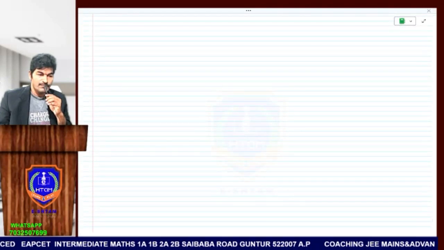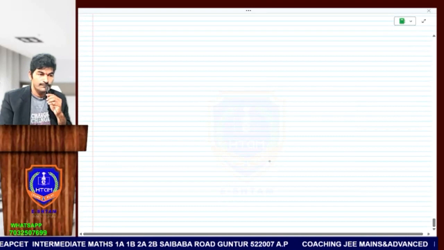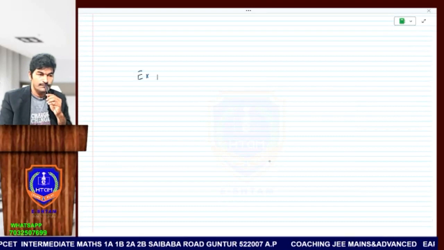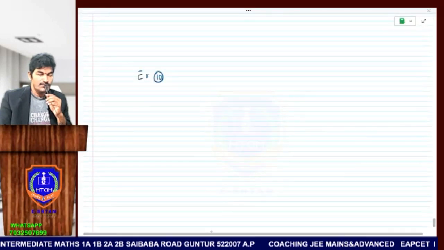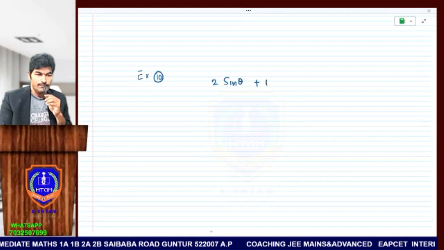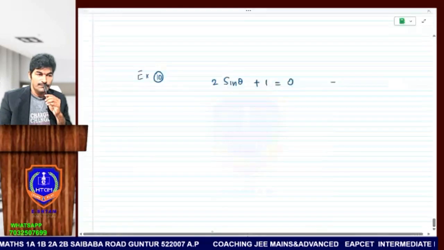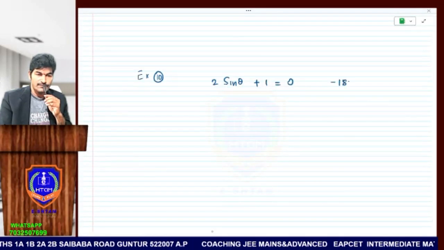So this is example 10. The equation was 2 sine theta plus 1 equal to 0, and you have to find the values from minus 180 to plus 180.